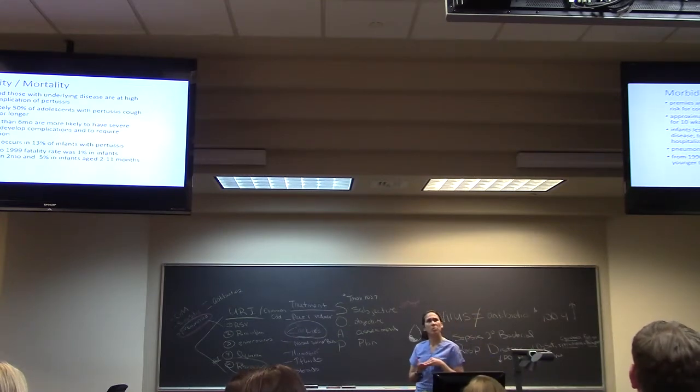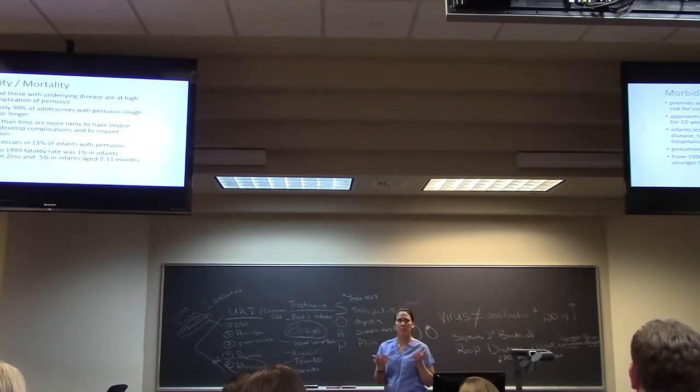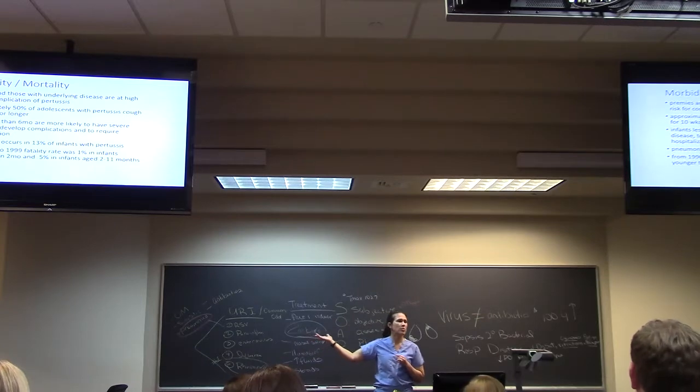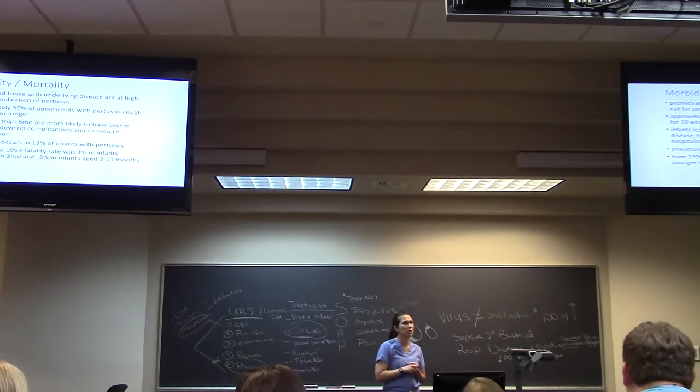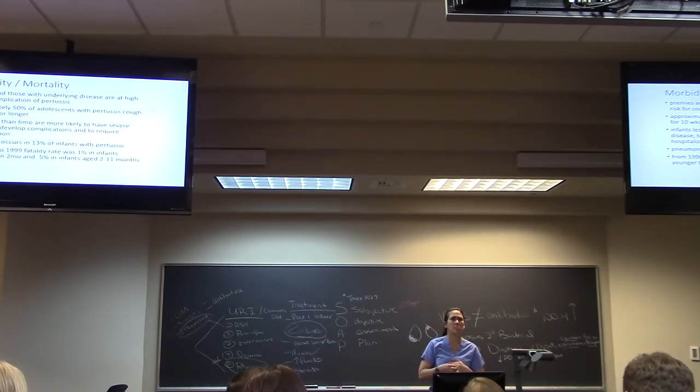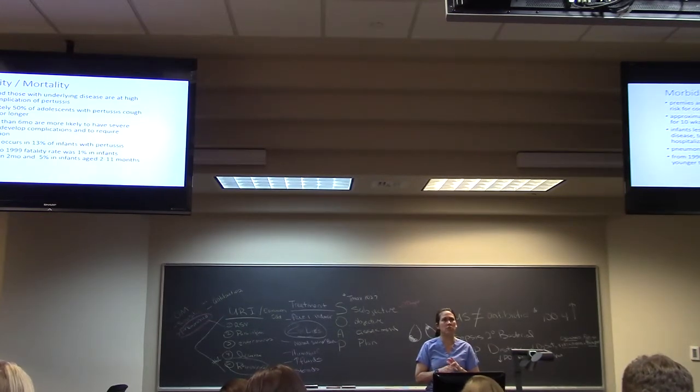And again, the third bullet point, not to beat a dead horse here, they're going to have to be hospitalized because of the things we already spoke about: secondary bacterial infection, sepsis, respiratory distress. Those are things that get a kiddo hospitalized. Pneumonia is big with this one. It can lead to a secondary bacterial infection.